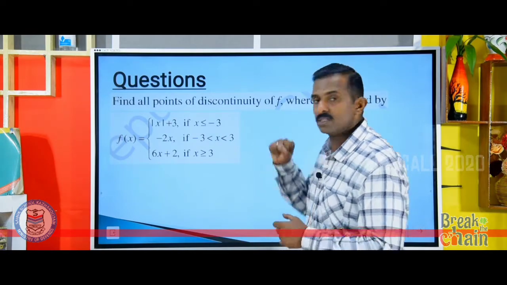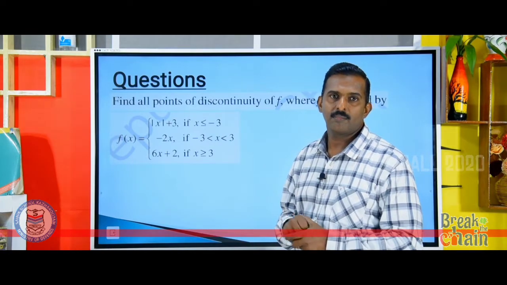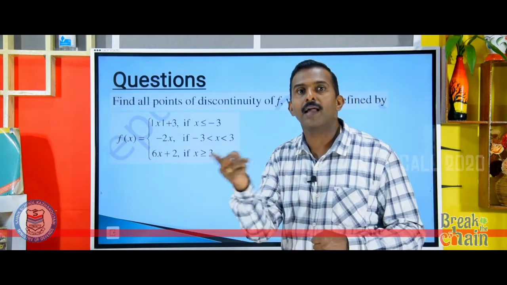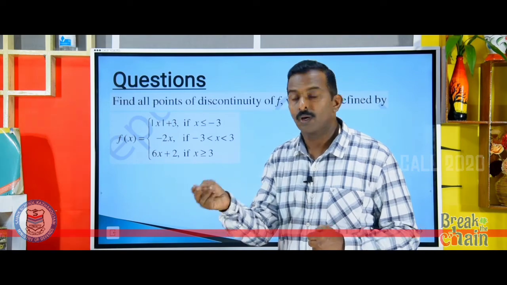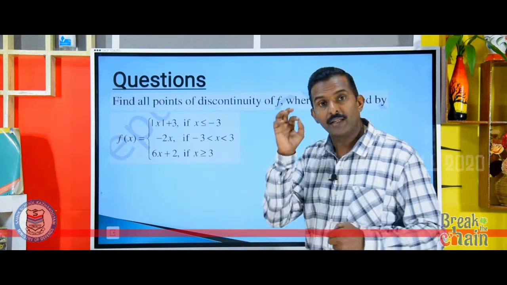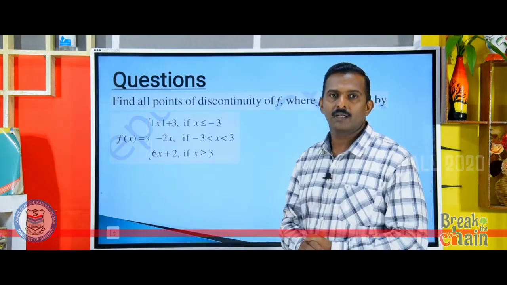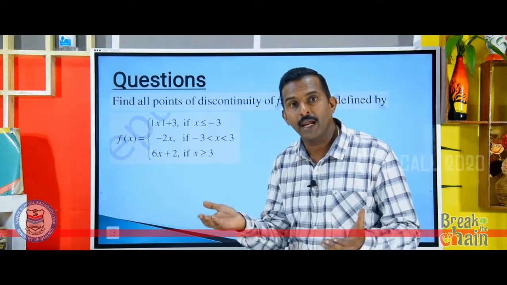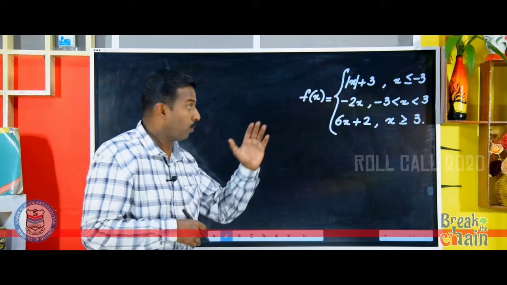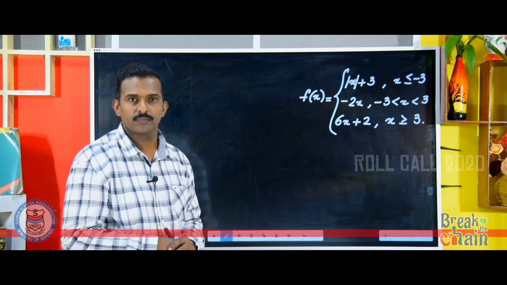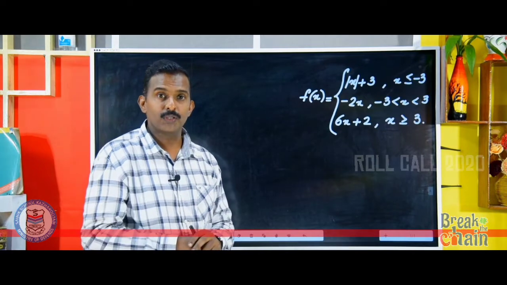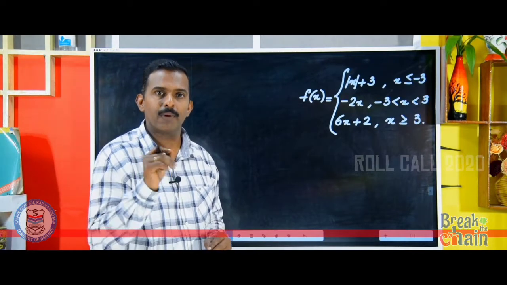But at -3 you should check, because at -3 LHL might be different from RHL. So also at 3 you should check, because at 3 also LHL and RHL may differ. We are going to find the points of discontinuity of this function. Now, as told, only 2 points you need to check, -3 and +3.